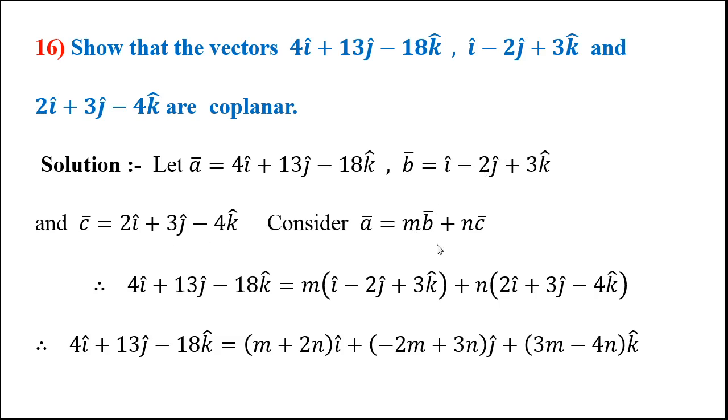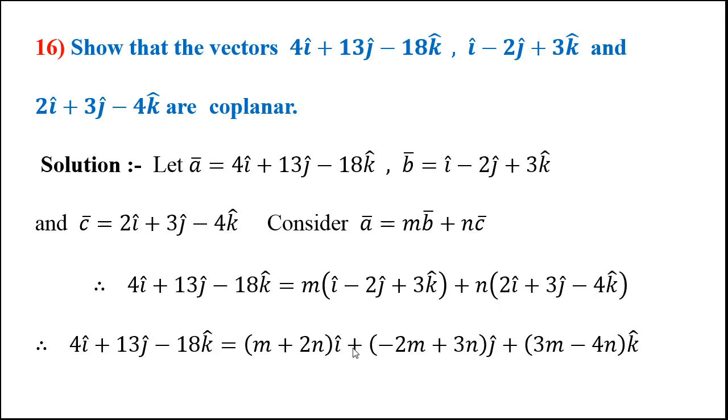If non-zero scalars M and N exist which satisfy this equation, then that is sufficient to say that vectors are coplanar. So our aim is to find values of M and N, or to check whether values of M and N exist or not.